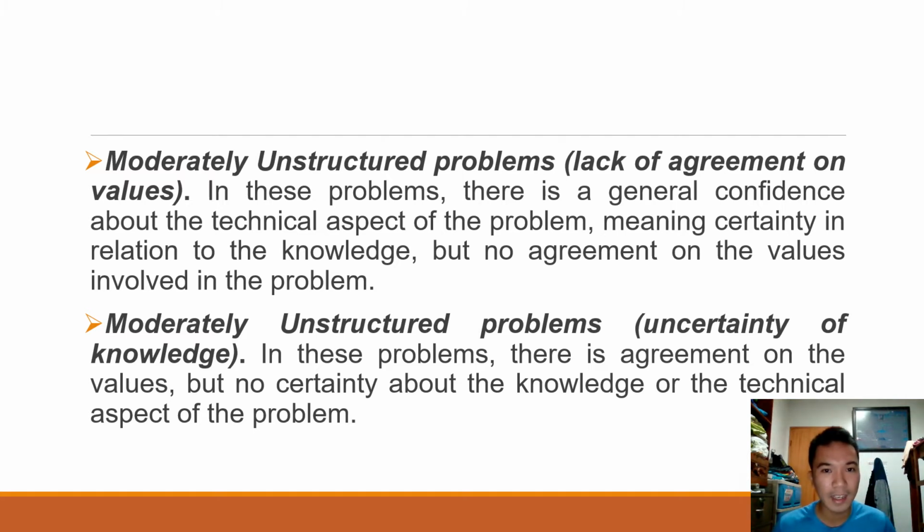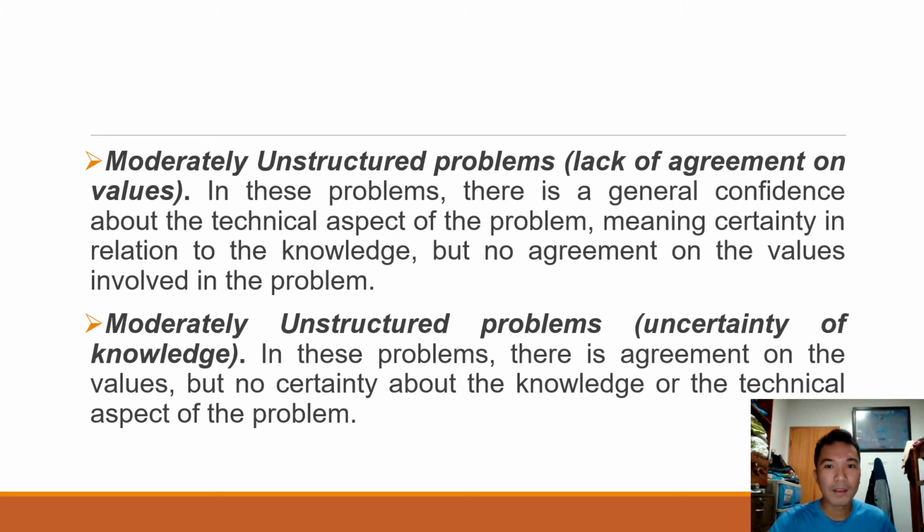So that is the moderately unstructured. This includes, for example, issues such as how to implement a new program to support the educators, entrepreneurs, or in relation to education in public schools.